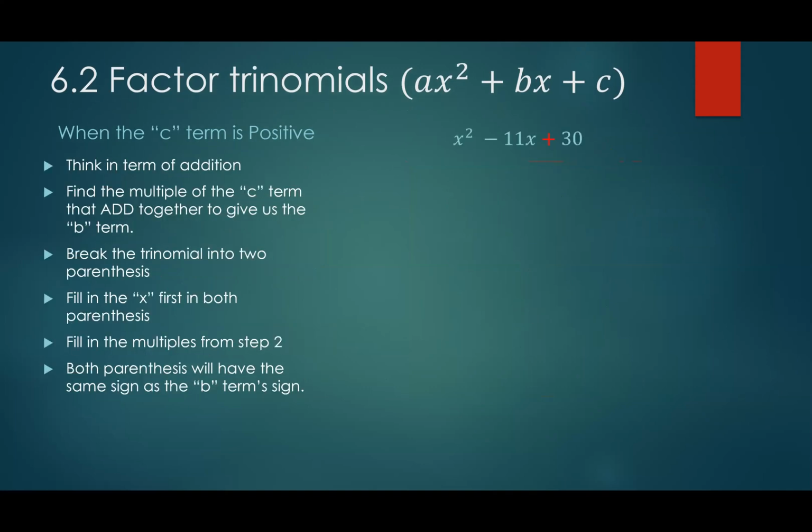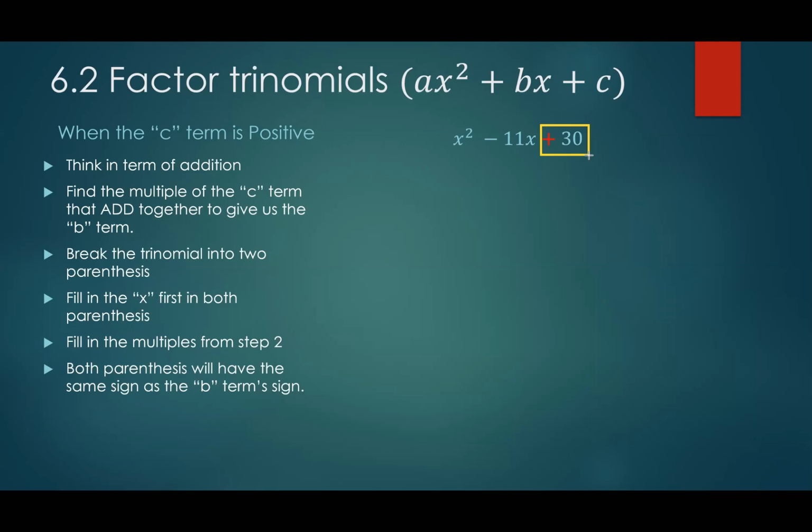Same idea. If you look at this item here, it is x squared minus 11x plus 30. Like I mentioned to you guys, the first thing you want to ask yourself is, what is my C term? Because my C term is positive, I'm thinking in terms of addition.